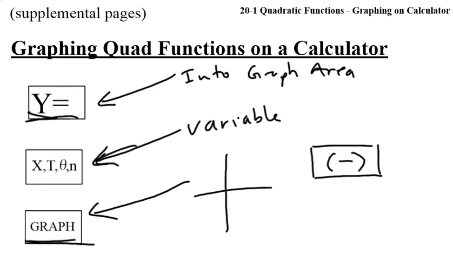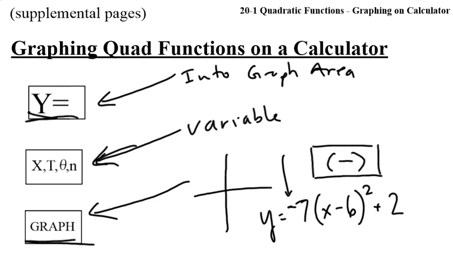It is so important that if I had y equals -7 bracket x minus 6 squared plus 2, this is a negative sign. You need to use the negative button for it. If you just use the plain old subtract button, it won't work.